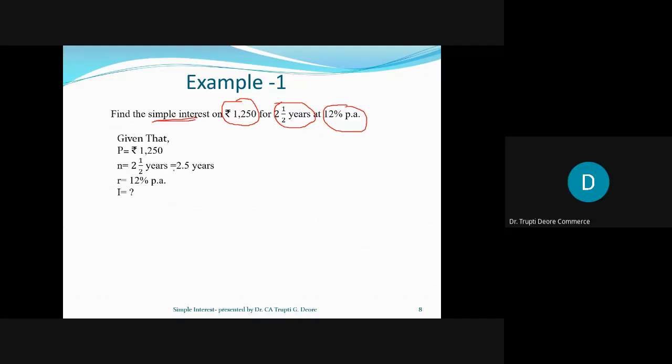They have asked simple interest. So I, we have to find out I is equal to question mark. Then what is given? Interest on this amount, so it is called P, principal amount. So write like this. Then n, 2.5 years, convert it into decimal. That is 2.5 years. And n is in years, so R should also be in a year. So R is 12% per annum. Okay.